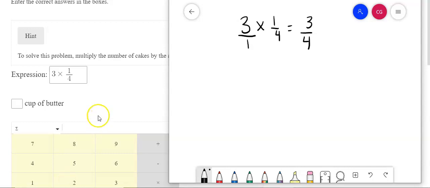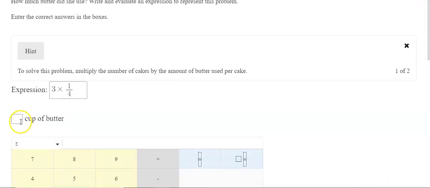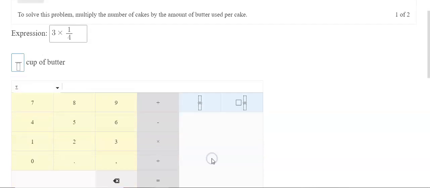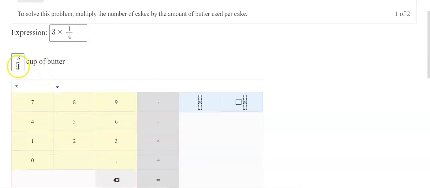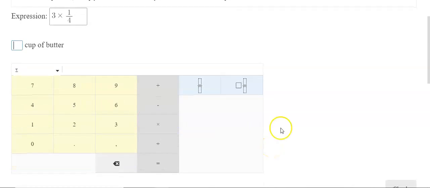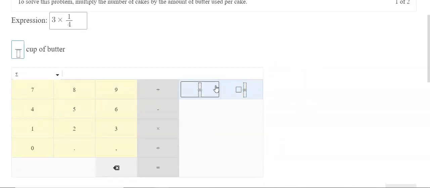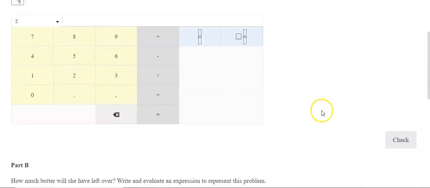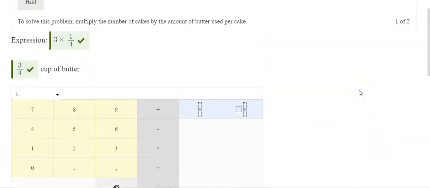So she used 3/4. Let's check it. So we got that right so far.